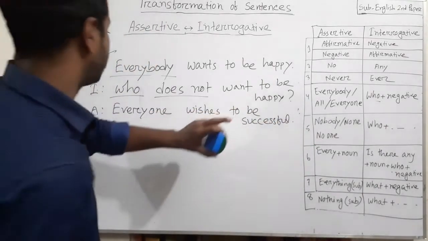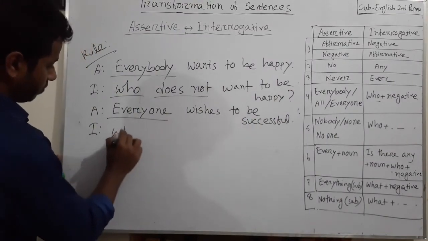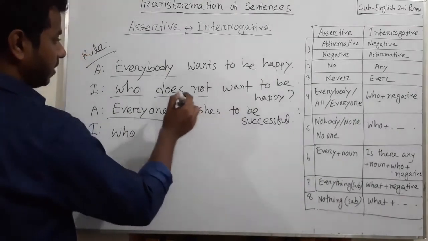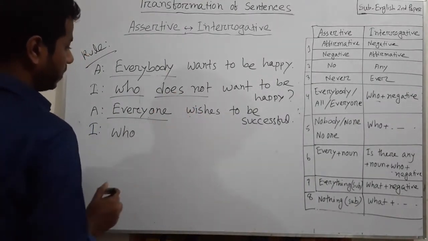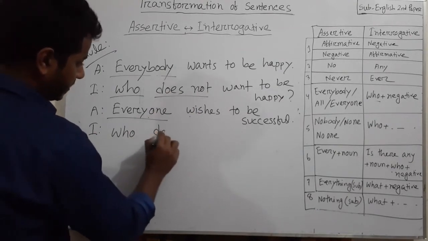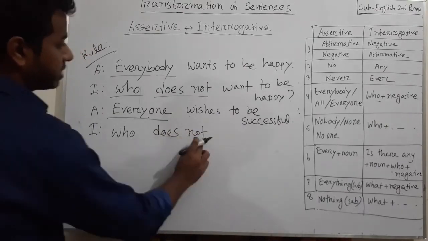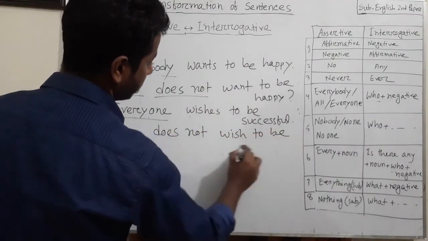Everyone wishes to be successful. So instead of everyone, write who. Then, as it is present indefinite tense, there will be the auxiliary verb do or does. Here, for a singular subject, there will be does; negative form, does not: who does not wish to be successful?